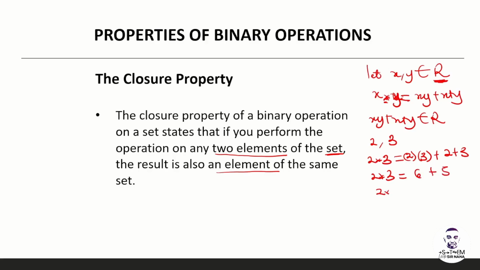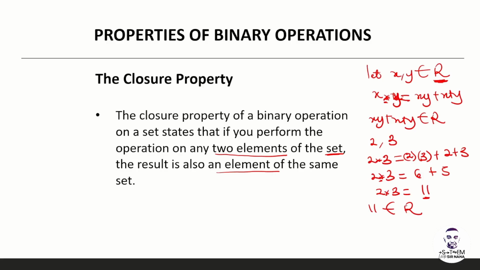So our 2 star 3 will give us 11. Now, look at the 11. We realize that 11 belongs to the set of real number system. So therefore, we can say that the operation star is closed when it comes to the real number system in the operation xy plus x plus y.